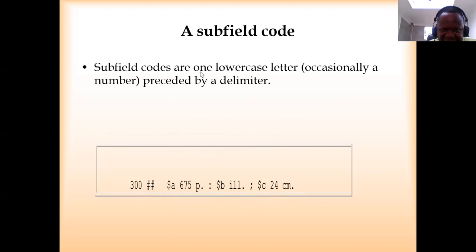Subfield codes are lowercase letters, these ones, like that A, that B, and that C. And they say occasionally number. It means in some cases we can have a number, but preceded by a delimiter. Now this dollar sign is the delimiter. Delimiter now, using your phone, go to Google and get a definition of delimiter.